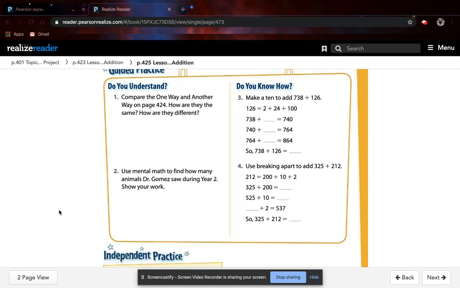I'm going to keep going on to number 2. It says, use mental math to find how many animals Dr. Gomez saw during year 2. Show your work. So for this, looking back at the data table on page 424, year 2, your 3 numbers that you're adding together are 114, 171, and 212.